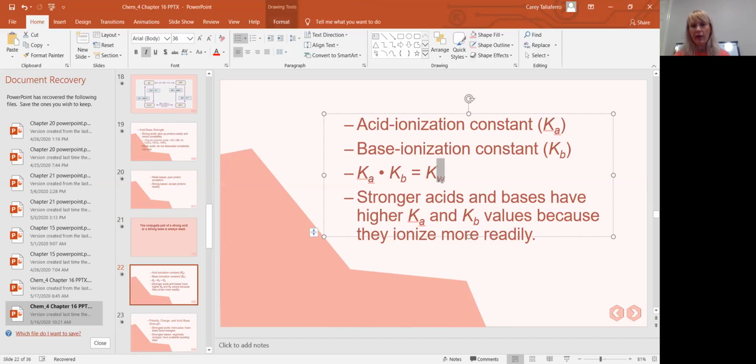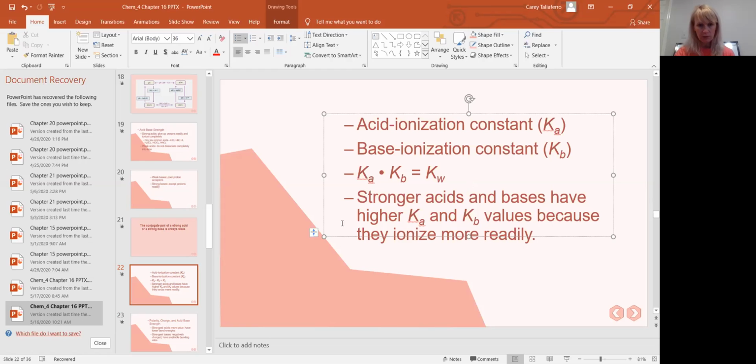And if you remember that Kw value, 1 × 10⁻¹⁴, it's going to make a steady appearance throughout this chapter, because what you're going to find is that when you take the Ka of a substance and multiply it by that substance's Kb, it's going to be equal to Kw.